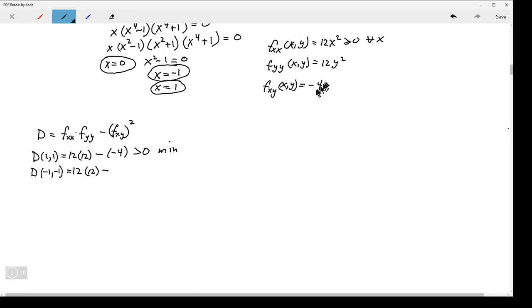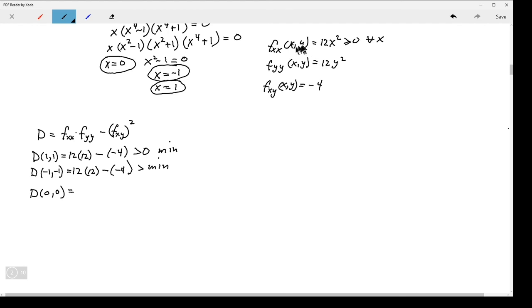Minus, this is constant, so it doesn't matter what f is. That is still going to be negative 4, which means that is still going to be a minimum. So those two are clear. Now let's take a look at D(0, 0).